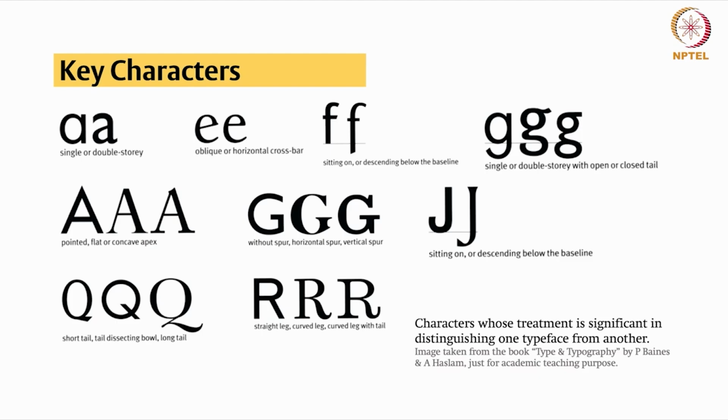I hope this is clear in terms of bringing out newness and uniqueness to the letters, and accordingly designers generally give different kinds of treatments to at least these few letters.